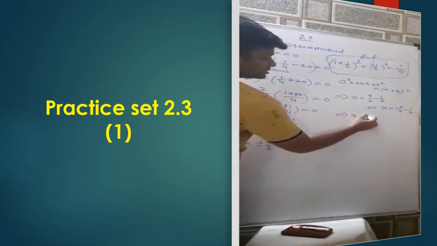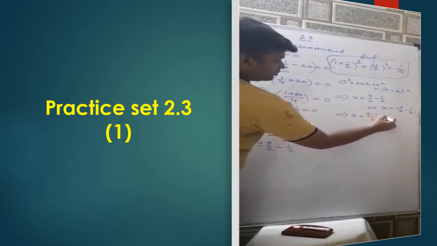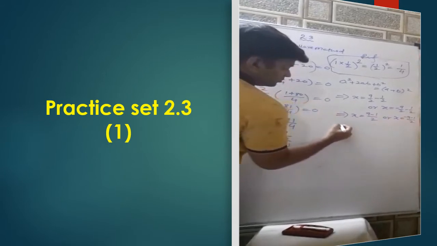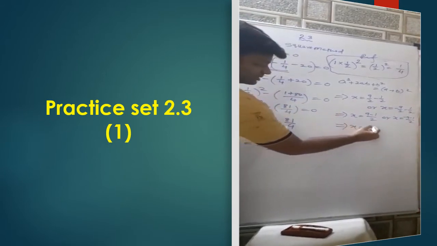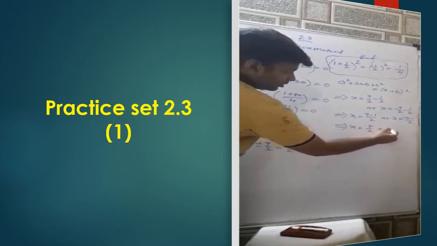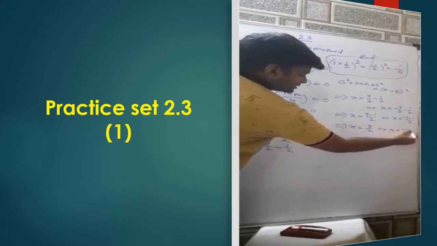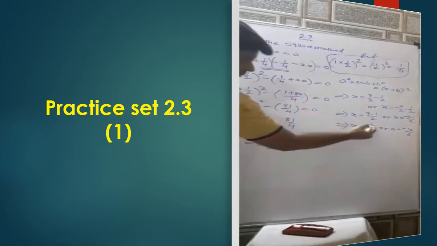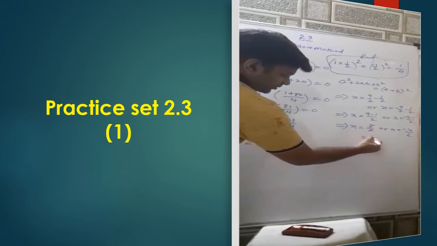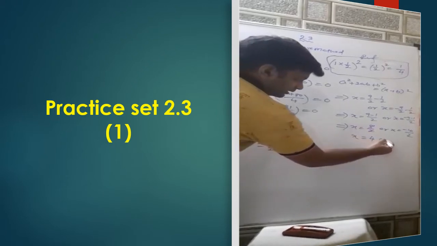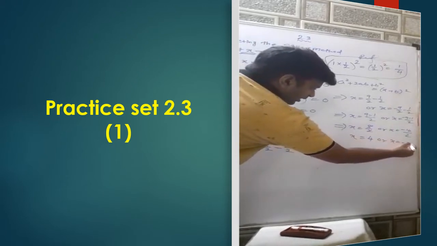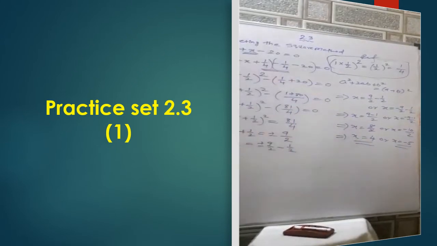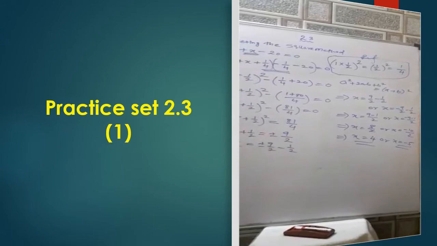So x equals to 9 minus 1 upon 2, or x equals to minus 9 minus 1 upon 2. So x equals to 8 upon 2, or x equals to minus 10 upon 2. So 8 upon 2 is cancelled, you get 4. Here x equals to minus 5. So in the end you get the answer is 4 and minus 5.